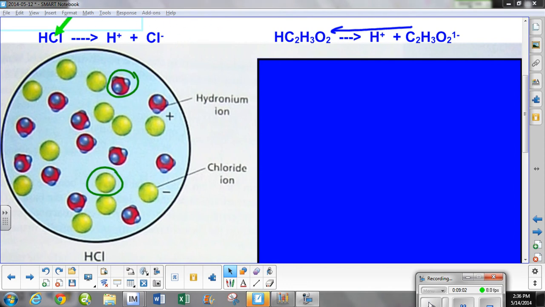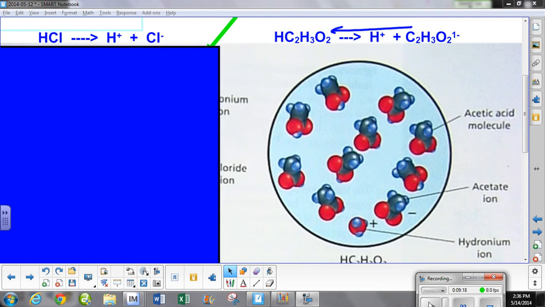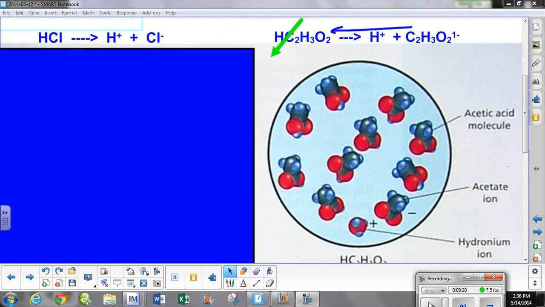If it were together, you'd be seeing the whole molecule as it existed on the left side. But there aren't any of those. That means it dissociated 100%. So let's go over to the other one now and focus on him.